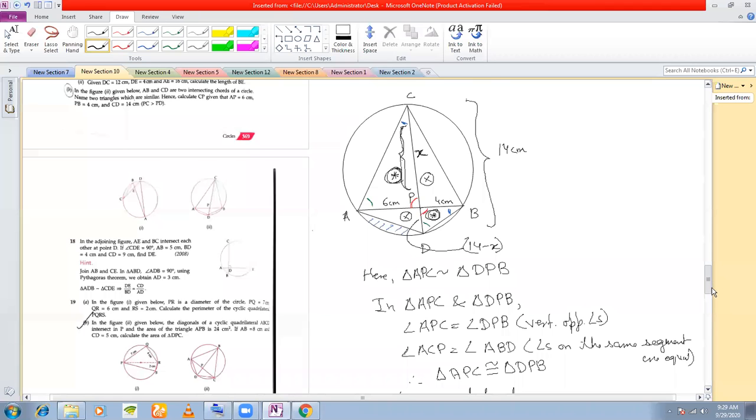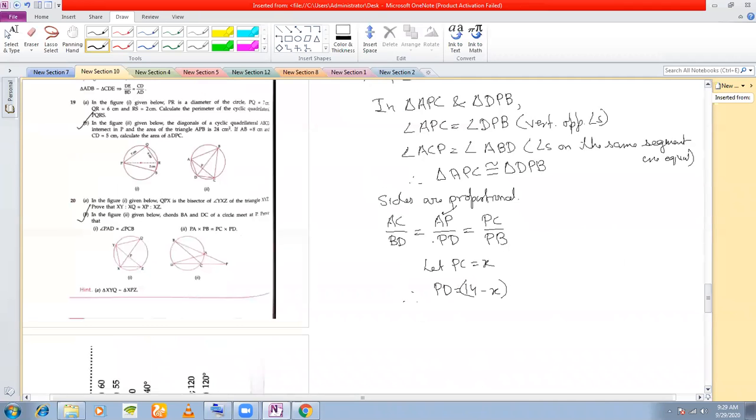PA is given to you and PB is given to you. PC you have taken as X and PD is 14 minus X. So we will use this part of the equality. So we have AP by PD is equal to PC by PB.